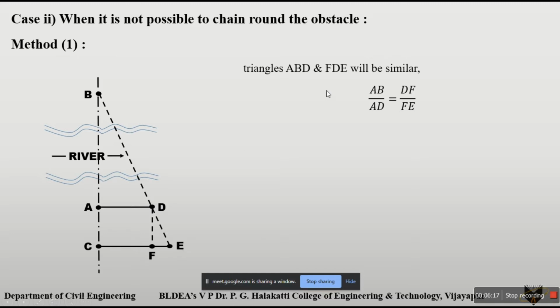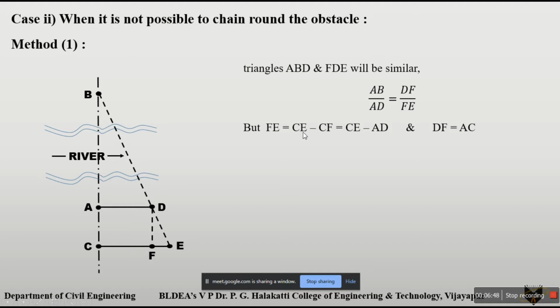I am writing here AB by AD equals DF by FE. Here FE you can measure in the field easily. Instead of measuring FE, you have already measured the distance C to E, so we can write FE as CE minus CF.